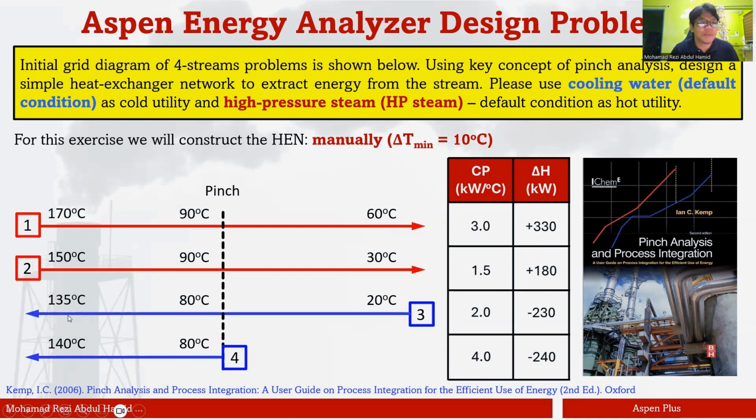The third stream is a cold stream, needs to be heated up from 20 degrees Celsius to 135 degrees Celsius, and the heat load is 230 kilowatt. Lastly, our fourth stream needs to be heated up from 80 degrees Celsius to 140 degrees Celsius, and the heat load is 240 kilowatt.